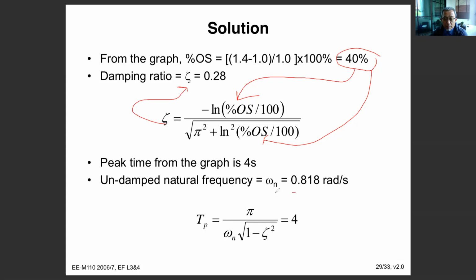Then use the peak time formula, which is pi divided by omega n square root of 1 minus zeta squared, equal to 4 seconds. 4 seconds is given. So just rearrange the formula for omega n, then you will get omega n 0.818 radian per second.